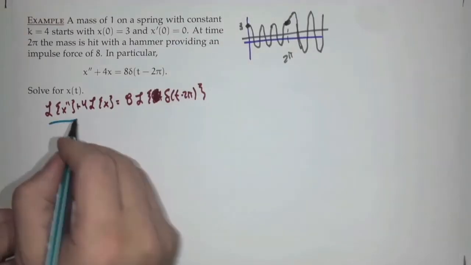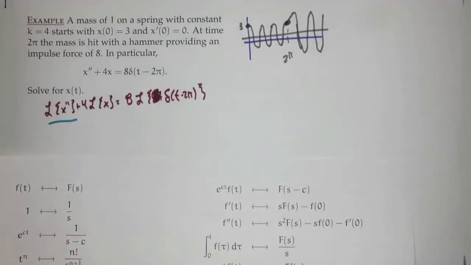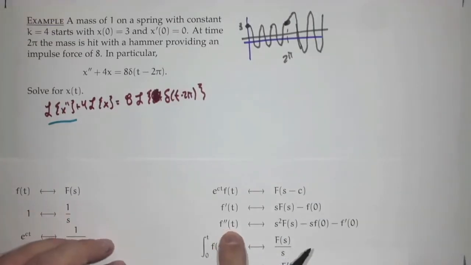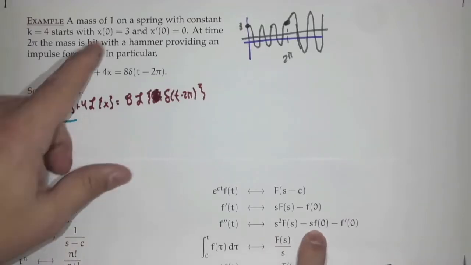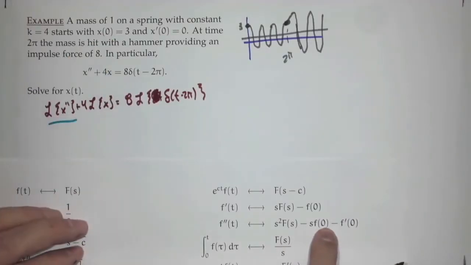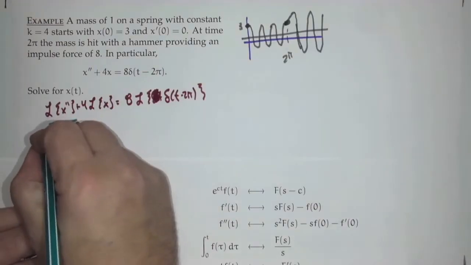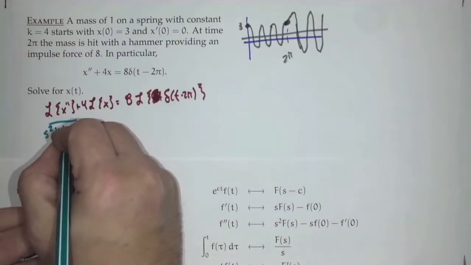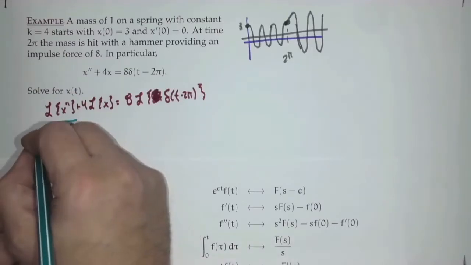Laplace transform of x double prime. We can always use our sheet. What will this become? Okay, s squared X of s, x of 0 equals 3, so minus 3s, and then 0. Okay, good. So s squared X of s minus 3s.